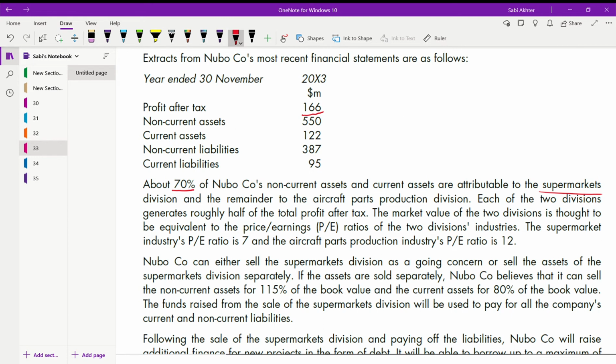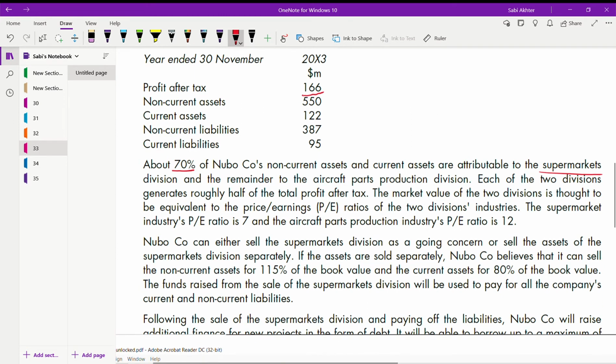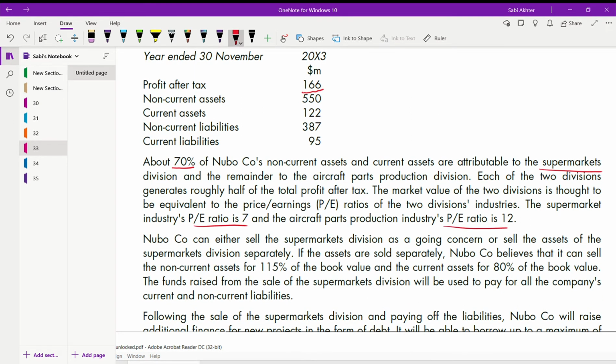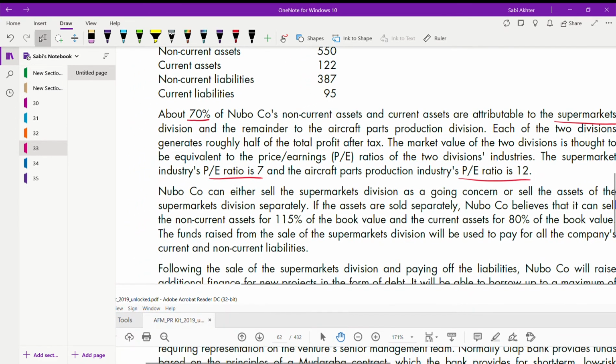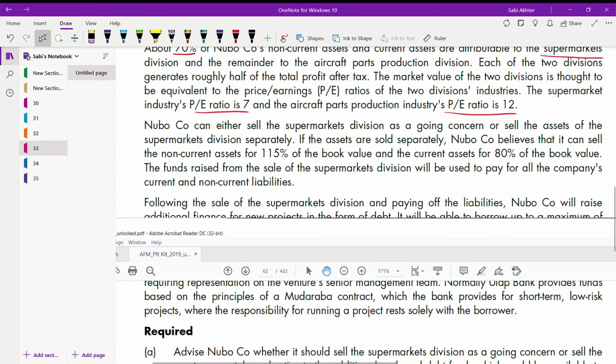Clearly they have given you the proportion. And here they have given you the PE ratio. So this mentioning of PE ratio tells you that when you calculate the value of the company, use PE ratio. This is what it means. And finally, after the selling and all what they will give.